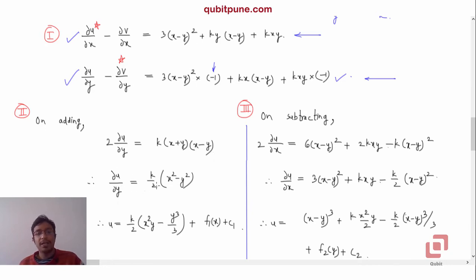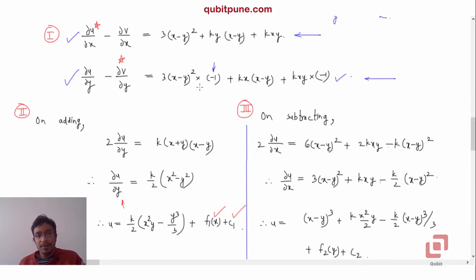So partial u by partial y is now k by 2 into x squared minus y squared, and if I now integrate both sides with respect to y, I will get u as k by 2 into x squared y minus y cubed by 3 plus some arbitrary function of x, let's call it f1 of x, plus the arbitrary constant c1.